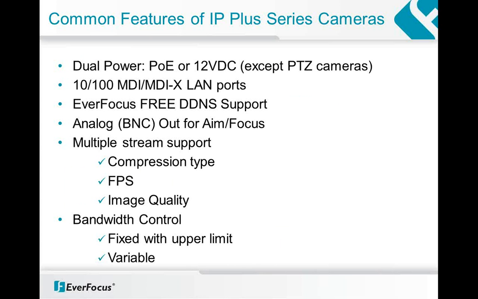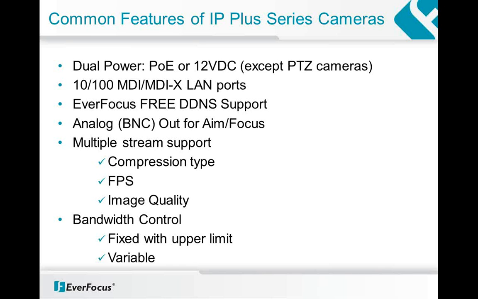Some common features of the IP Plus series. All the cameras that we just showed in the previous slide are part of the Plus series camera lineup from EverFocus. Dual voltage PoE or 12 volts DC, except for the PTZ cameras. All the cameras are equipped with a 10/100 LAN port.